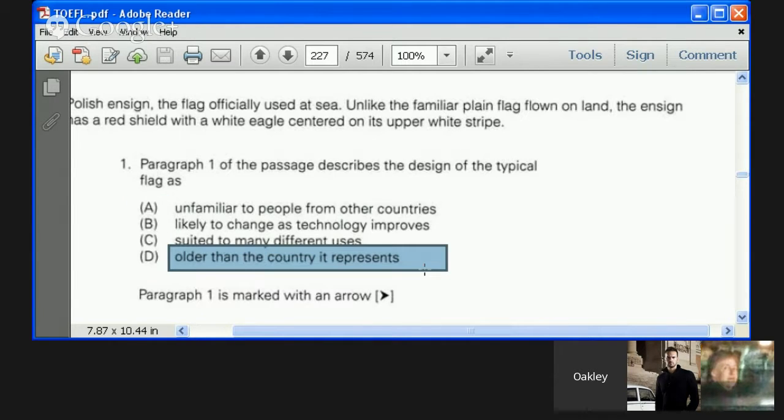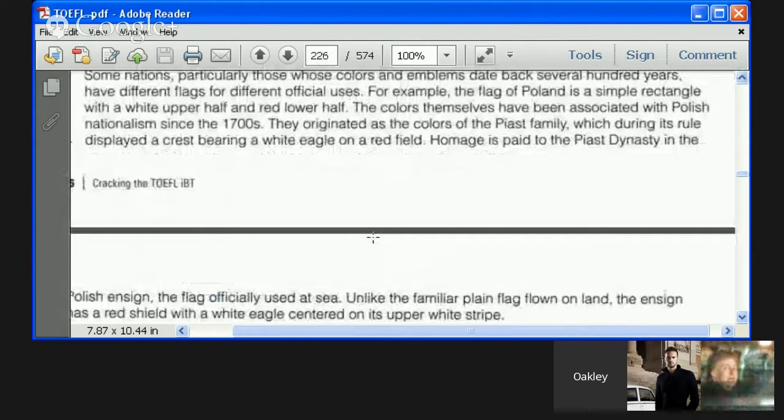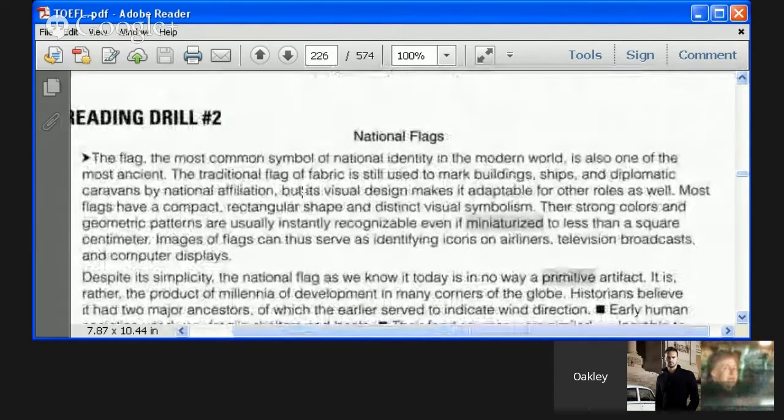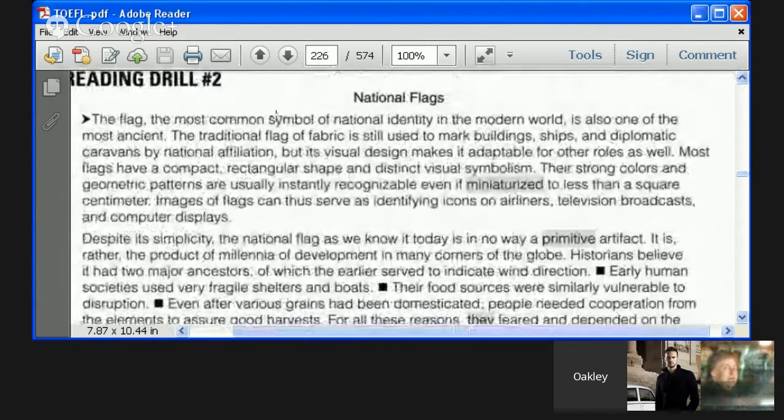All right, this one may be easier to look for. Older than the country. Maybe we could look for "older." Is there anything there? I don't remember that. Traditional flags are still used.